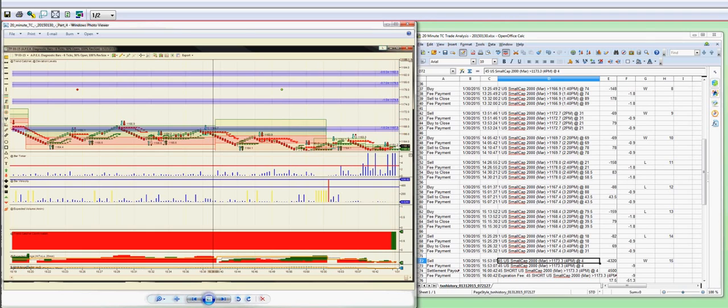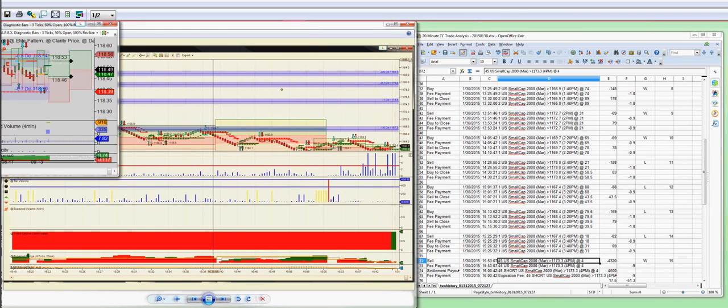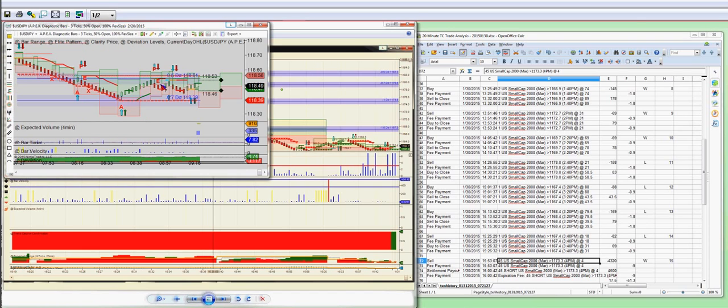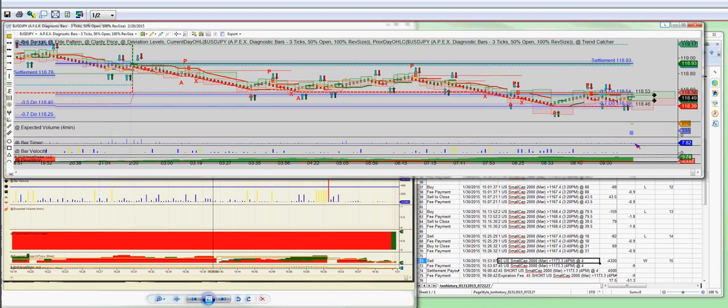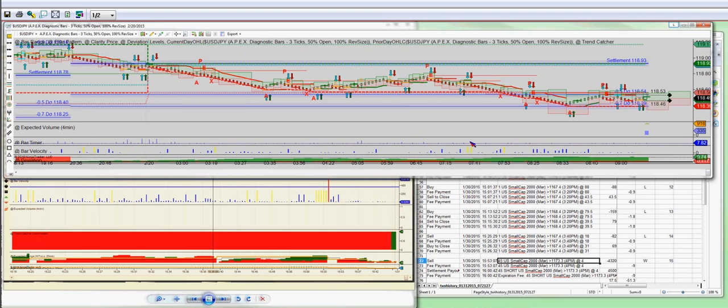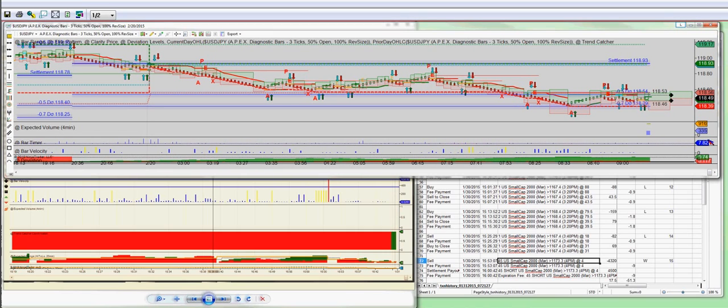Okay, what I really wanted to do is put up my favorite old UJ and look at some trades. Yeah, let's just do UJ first.